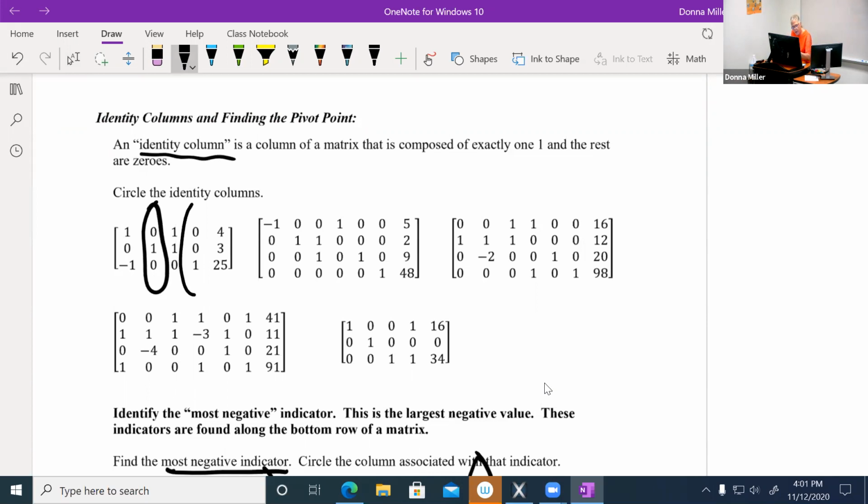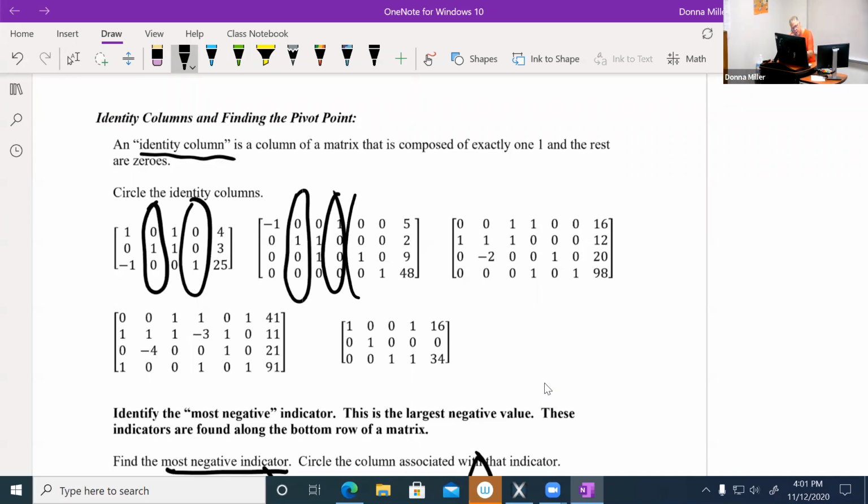So those 2 columns I circled are identity columns. The other ones are not. I'm going to be interested in identities because those give me the non-zero answers. See how it's all zeros and 1, 1? Those are identity columns. It's not going to have a lot of meaning until you get to simplex.